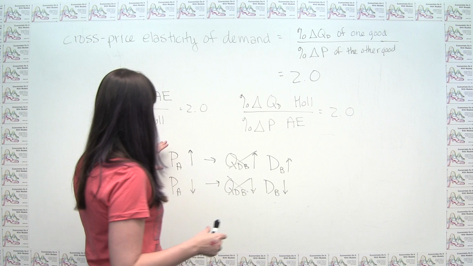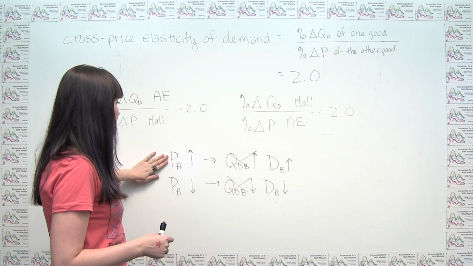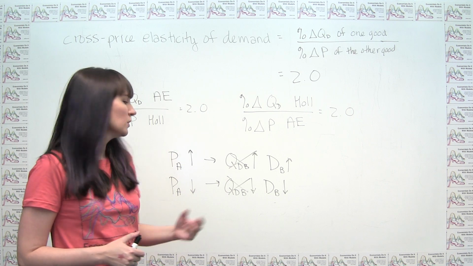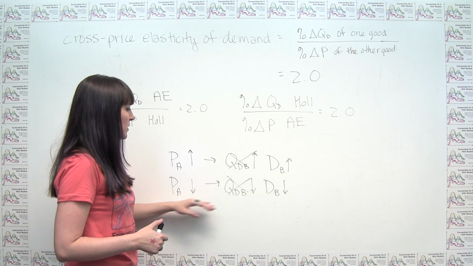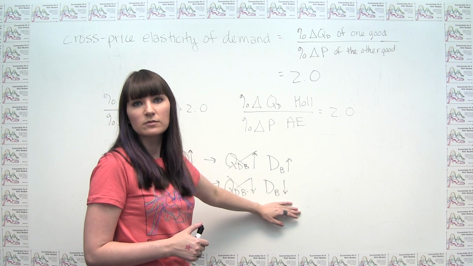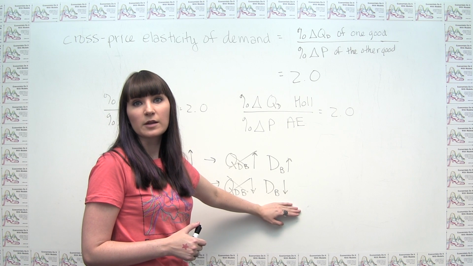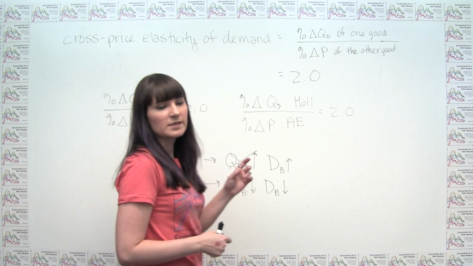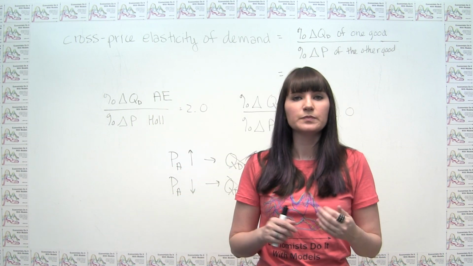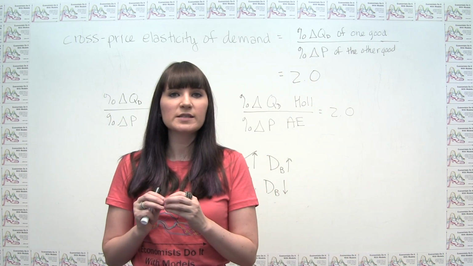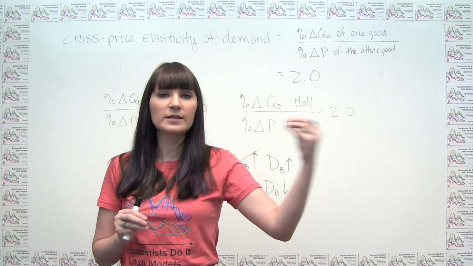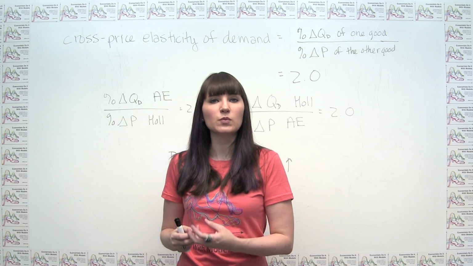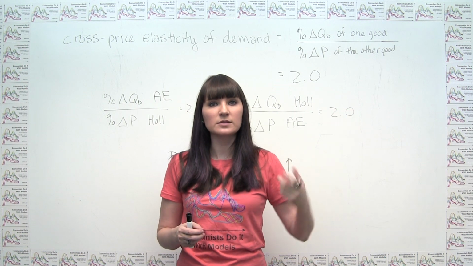When we had substitutes, an increase in the price of one of them led to an increase in demand for the other, and a decrease in the price of one of them led to a decrease in the demand for the other one. Complements, on the other hand, worked in the opposite direction. When we had an increase in the price of one good, we had a decrease in demand for its complements. And when we had a decrease in price of one good, we had an increase in demand for its complement.